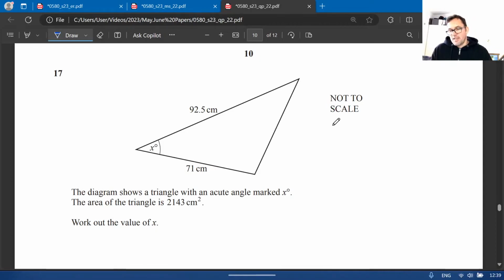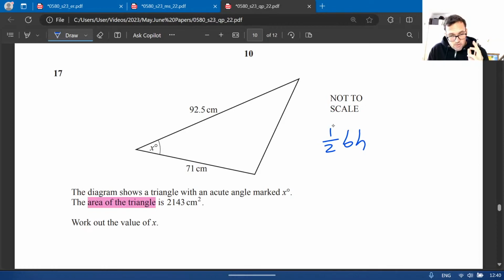Question 17, you see a triangle, you know trigonometry. So before we start jumping into Pythagoras, SOH CAH TOA, cosine rule, sine rule, let's see what is going on. They mention the area of a triangle. Now remember, there are two formulas for the area of a triangle. There is half base times perpendicular height.